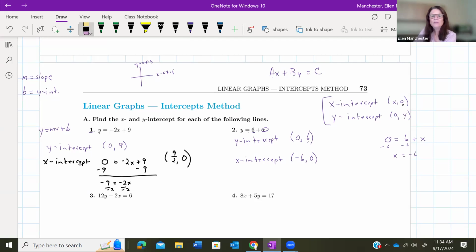If I want my x-intercept, my y is going to be 0. So that's where I replace my y with 0 and then solve. So whatever the value the x is, that's going to be your x-intercept. Slope and the intercepts are two completely different things. Slope is how much your line is going up or going down.